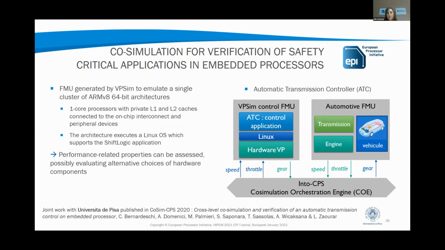On the left side of the figure, we have a vehicle model and engine transmission, and on the right side, we can execute the control application, and we get the information that takes into account the timing, thanks to virtual prototyping. This was a joint work with University of Pisa that we published a few months ago.